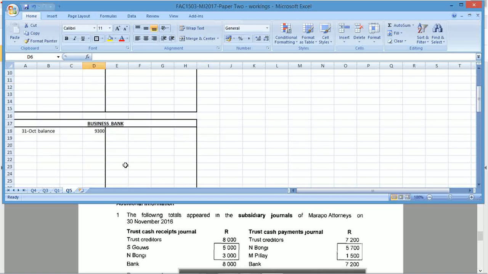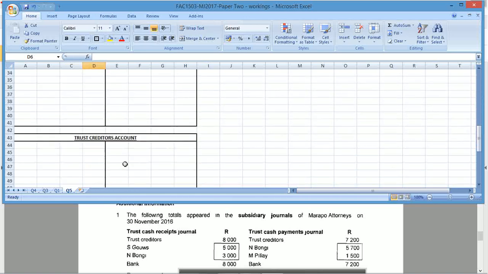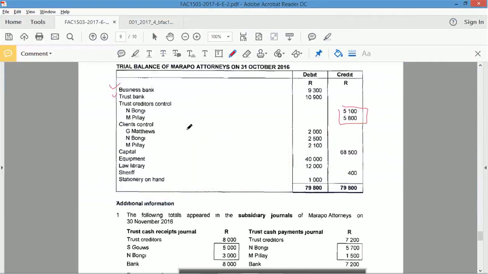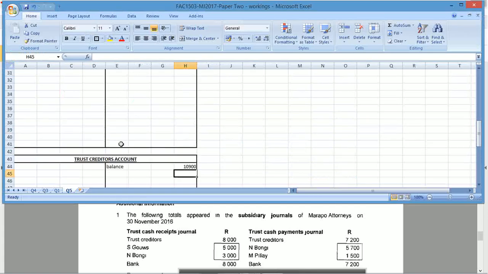Trust creditors. Where's my trust creditors? There's my trust creditors. So the balance is going to be 10,900. Got that? Great. Next, client control, same thing, add all of this up. 6,600. Client control, 6,600.